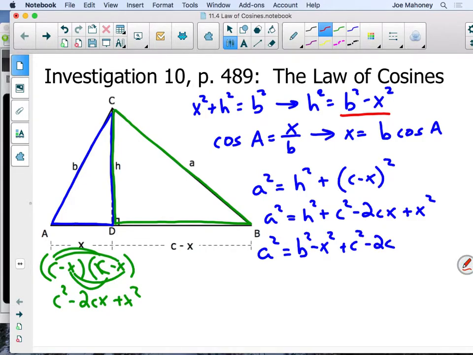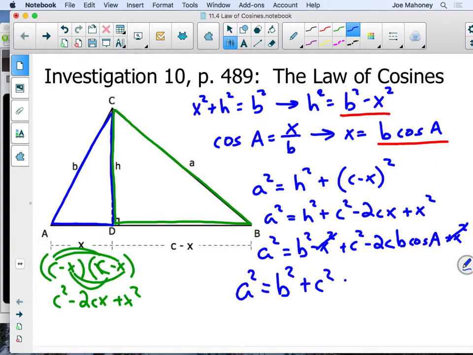Now hold on, because I also know what x is equal to. x is equal to b times the cosine of A, plus x squared. And if I look at this equation, I see a positive x squared and a negative x squared. And what I'm left with then is just a formula, if you will. And I'm going to write that in alphabetical order.